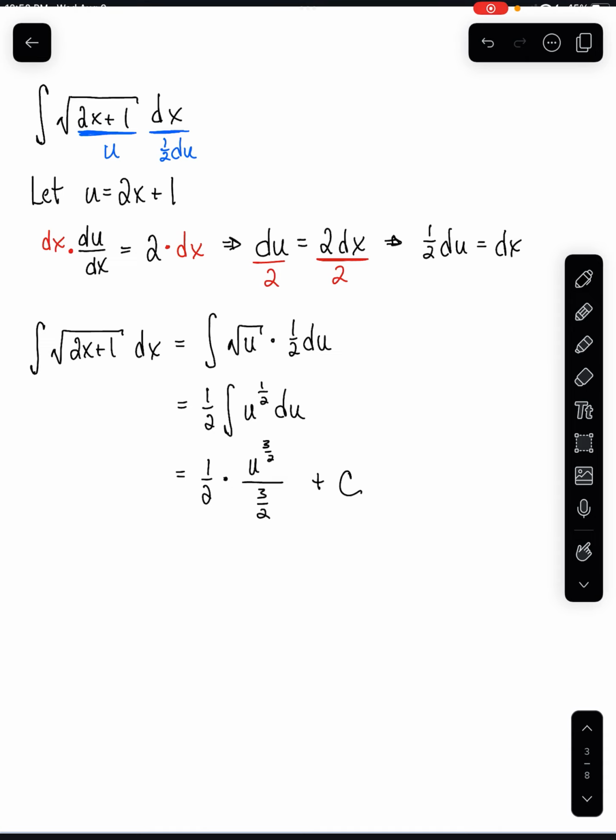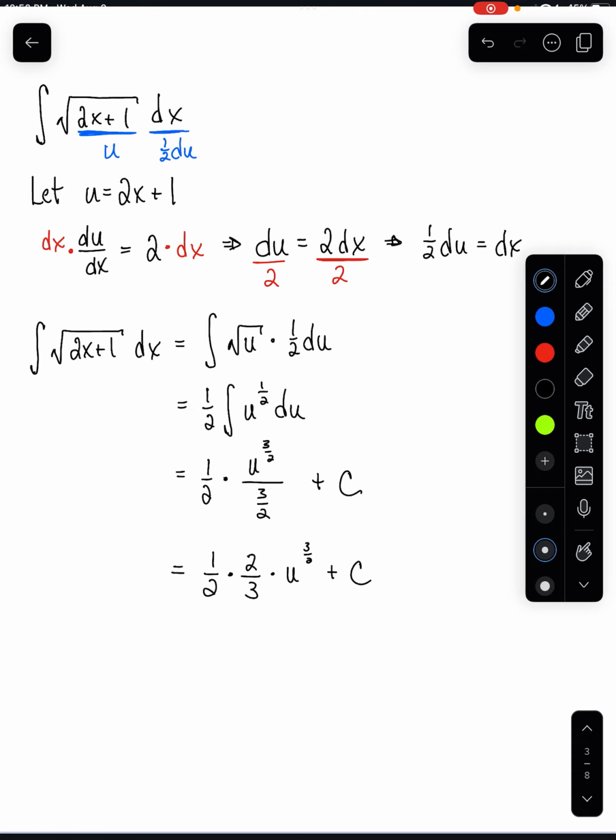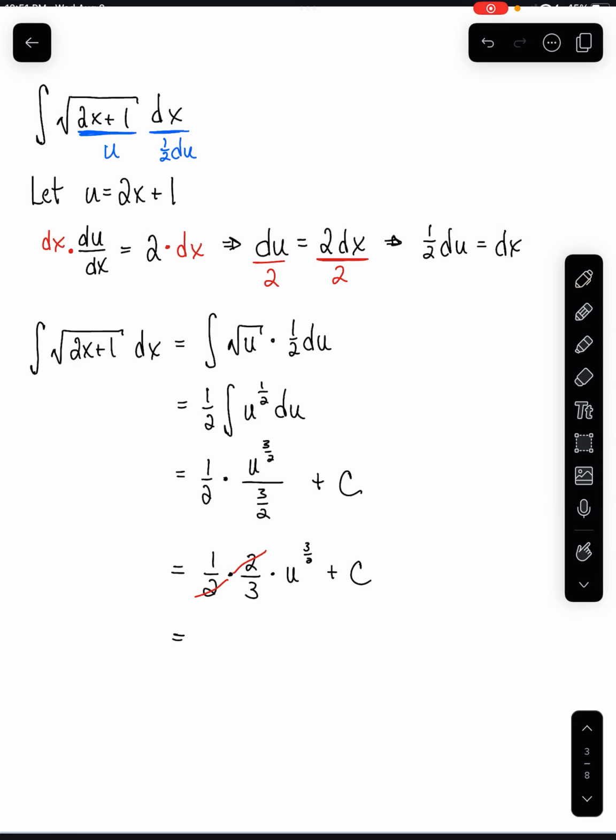Now this looks horrendous and disgusting, and to be honest, it's not the nicest thing in the world, but it's not too awful. Rather than write division by 3/2, we can rewrite that as multiplication by its reciprocal, 2/3. And then we get a little bit of simplification there. So what we're left with is 1/3 times u to the 3/2 plus c.